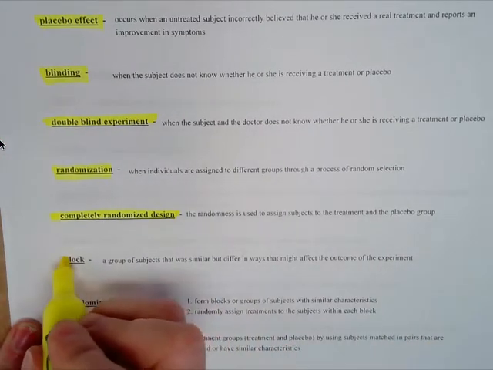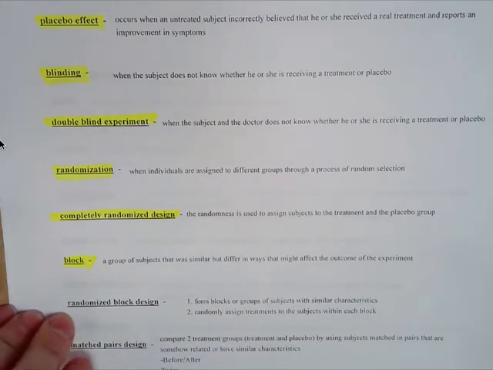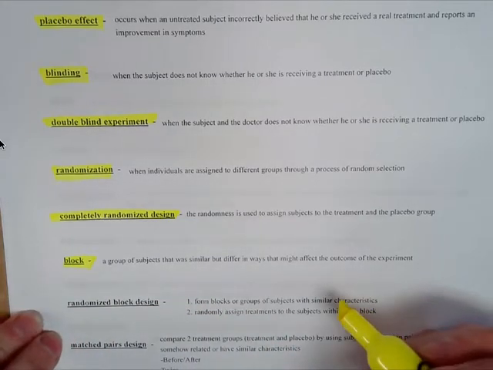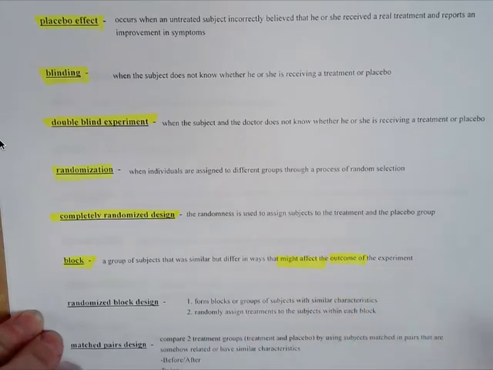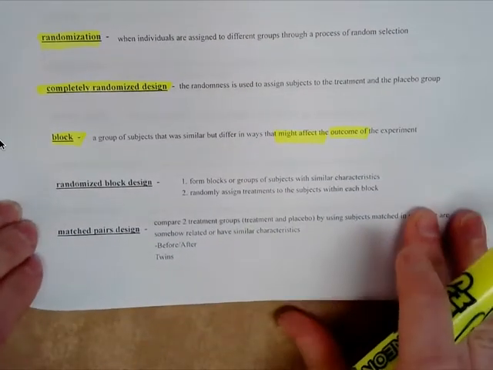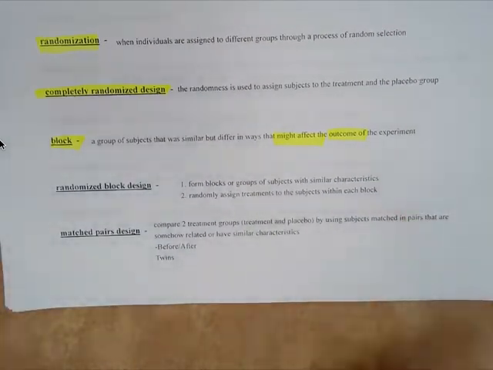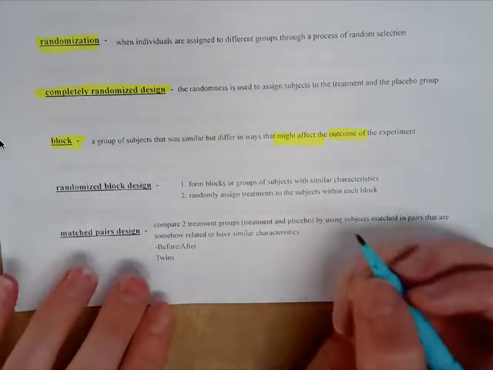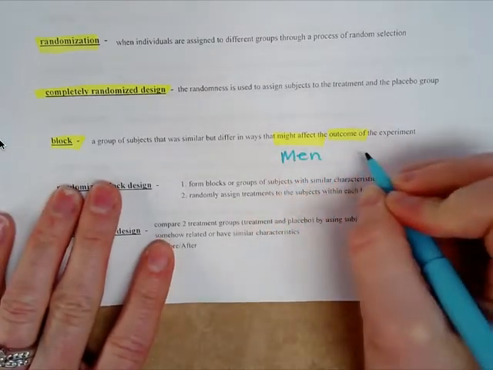A block, group of subjects that are similar but differ in a way that might affect the outcome. So think about the block of men and women.